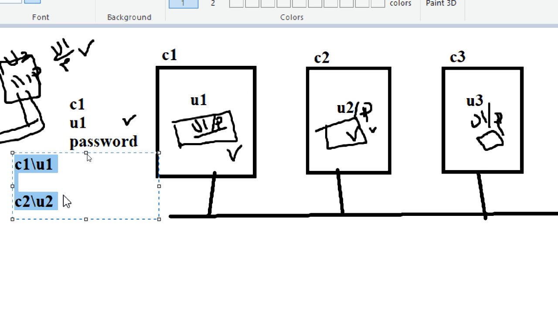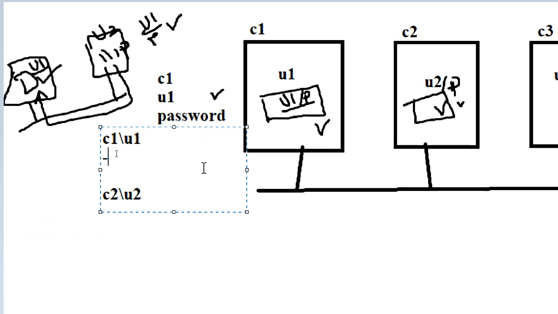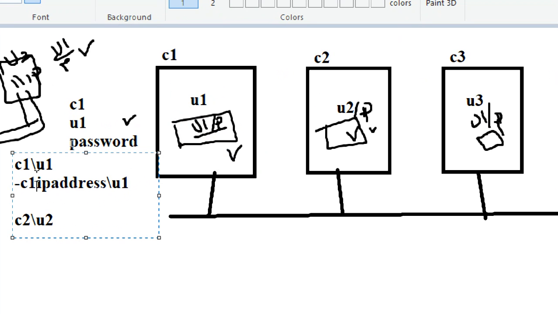When you access through the network, you must give the system name. If you don't have DNS and it doesn't understand the name, no problem: give C1's IP address slash U1.